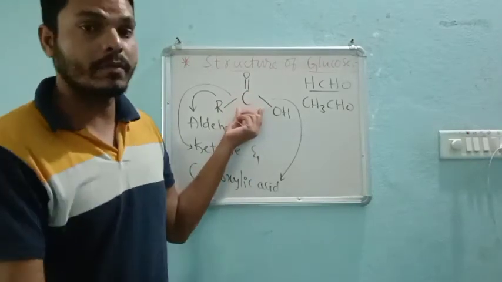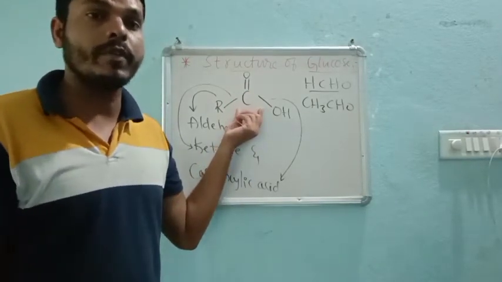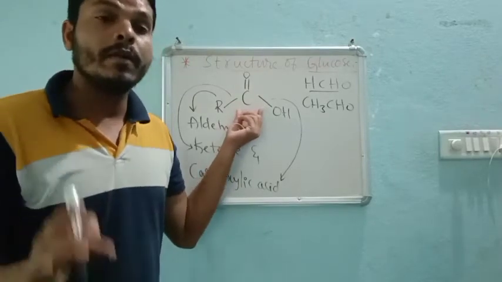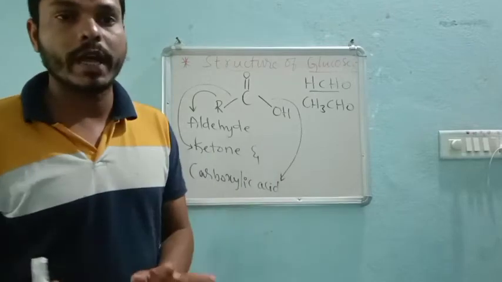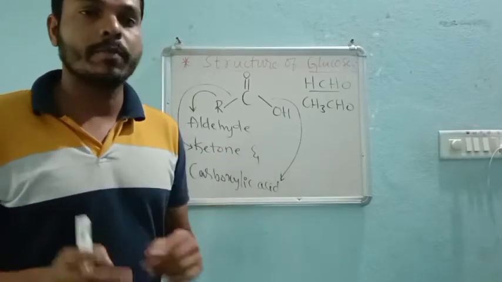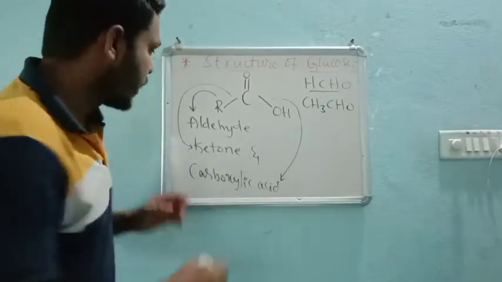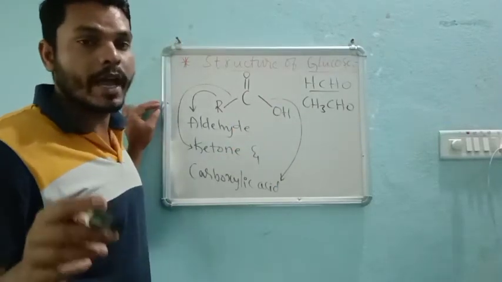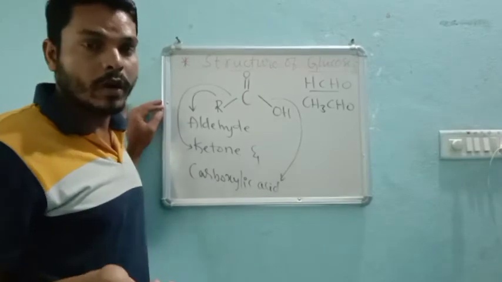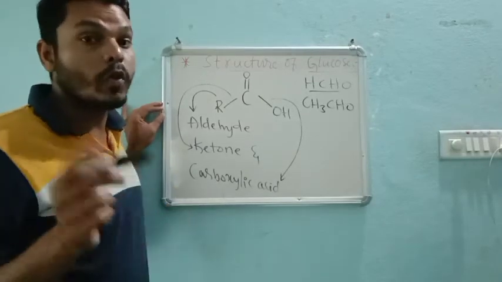But in the next chapter, we will see what type of carbonyl group it is. Now, in the third point, we are just confirming that there is a presence of carbonyl group. Later, when we react glucose with bromine water, it forms gluconic acid.